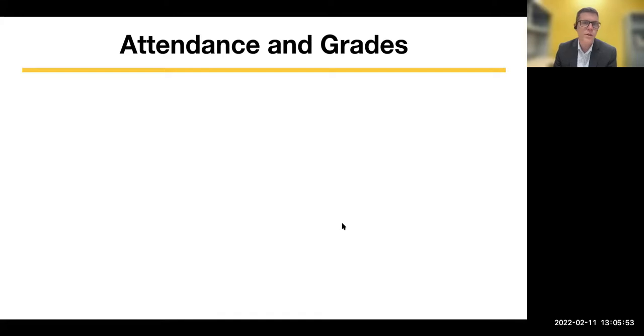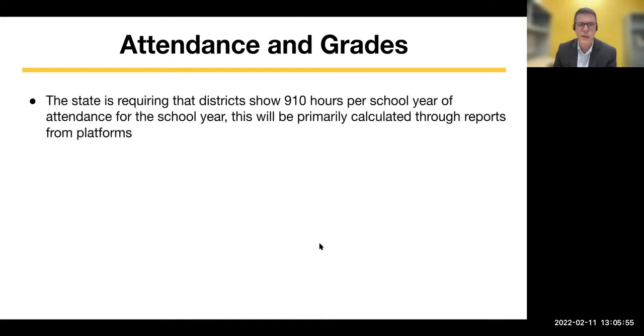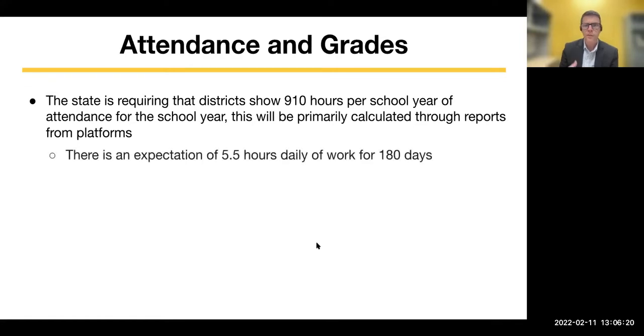Attendance and grades. So it's important to talk about attendance and grades in this setting. The state is expecting us to show that students are spending 910 hours per school year of attendance. This will be primarily calculated through reports from platforms, but we also will be using logs with students as well.